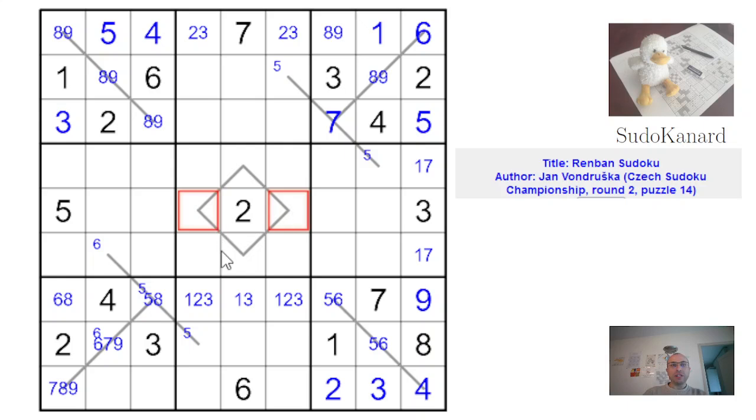The maximum option is 6, 7, 8, 9 with 6, 7, 8, 9. And we can see that 6 is always on the Renban line. I remember that this is what I missed during my test solving.